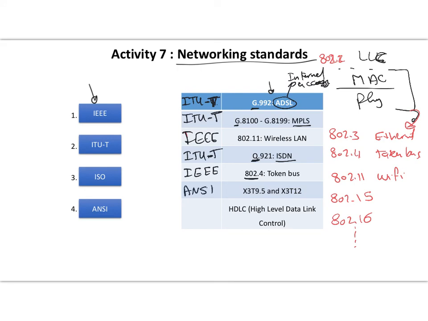The ANSI organization is responsible for standardizing the connectors for the cables, for the physical cables. So when you have X, and remember we talked about BNC for coaxial connectors. These connectors are used to connect cables with devices.